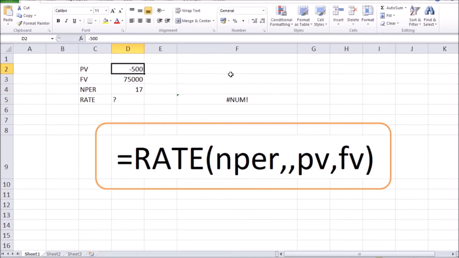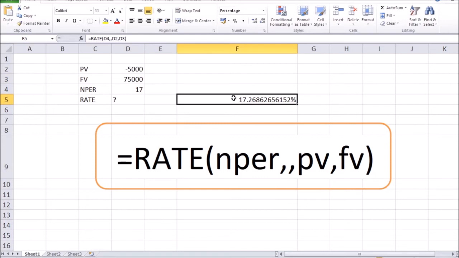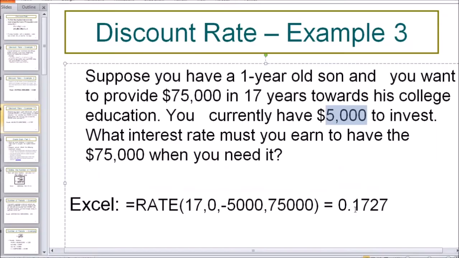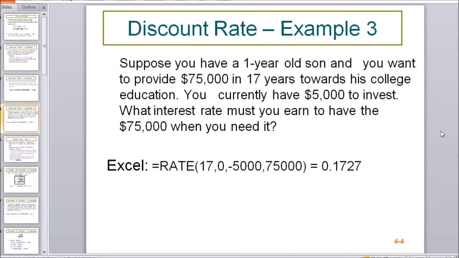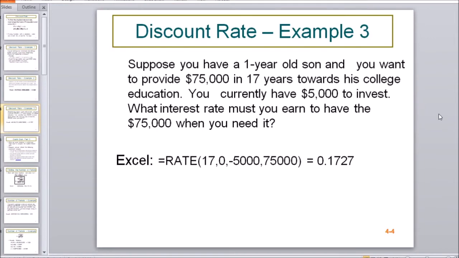Okay, bit of a mistake here. That's $5,000, not 500, and we get something like 17.27%. And that does agree with what we see on the slides. Again, all these slides are on Moodle. So when you have chance, you must review before your exam.